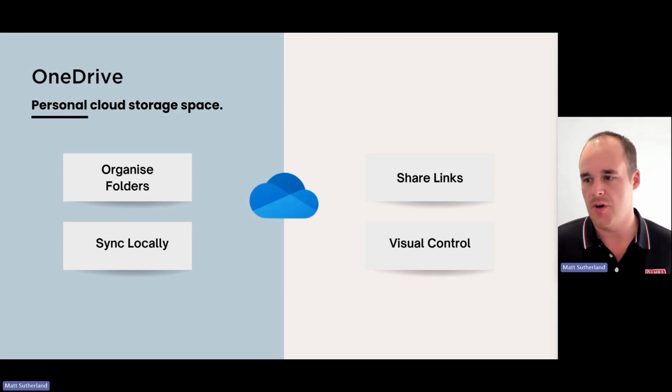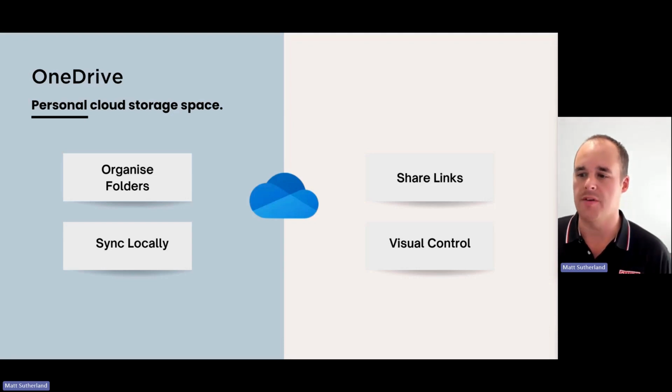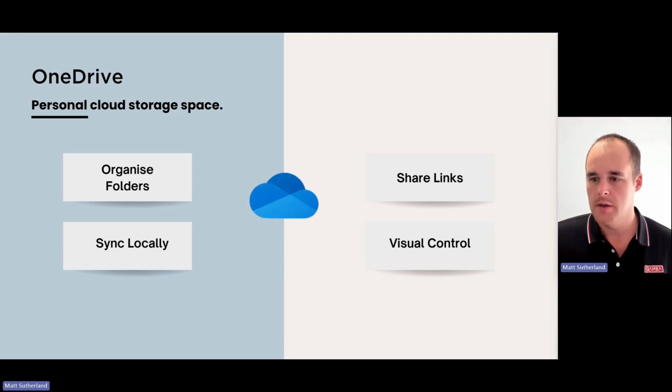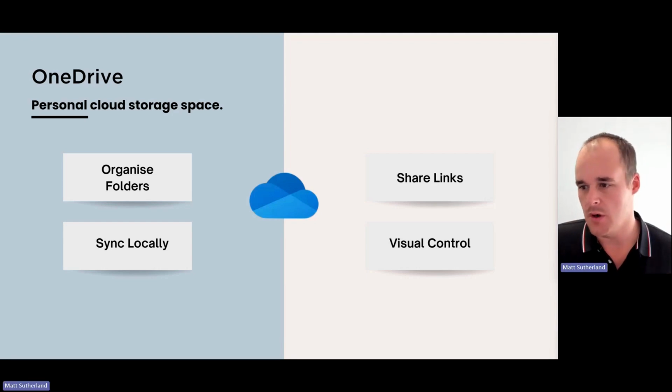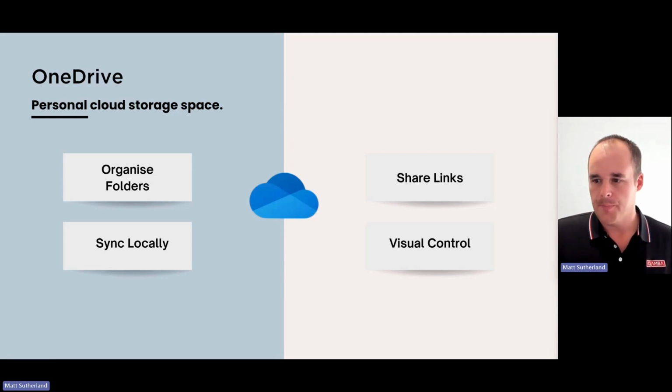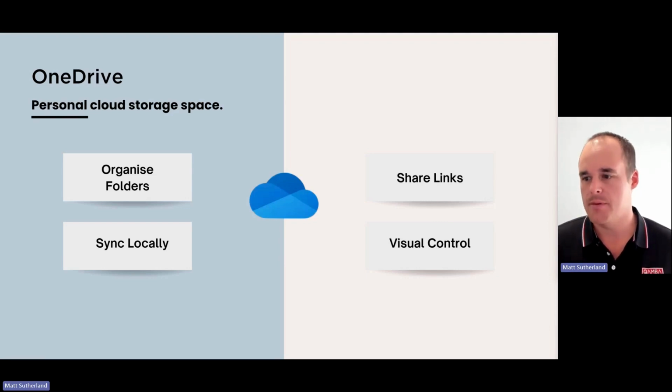You can use it to store files and folders in different ways, to store the information how you would like to operate your system. Everybody has a filing system, so that works out quite well. It allows you to sync locally, so you can use OneDrive on a desktop, a mobile app, a tablet, however you want to work.